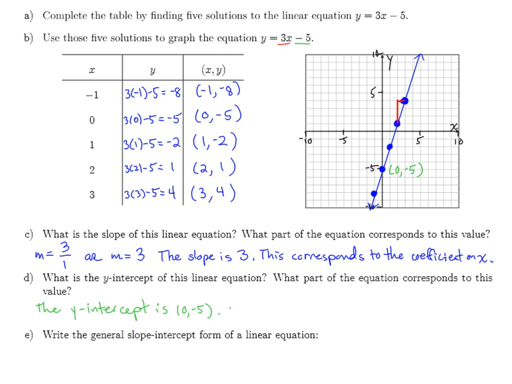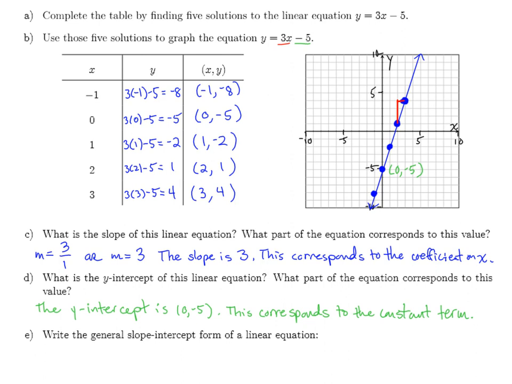And so this corresponds to the constant term. If I think about why that holds, the y-intercept occurs when x equals 0. And so plugging in 0 for x will always make that variable term, in this case 3x, equal to 0. And so what I'll be left with is just the constant term when I replace x with 0. So the y-intercept there is 0, -5.